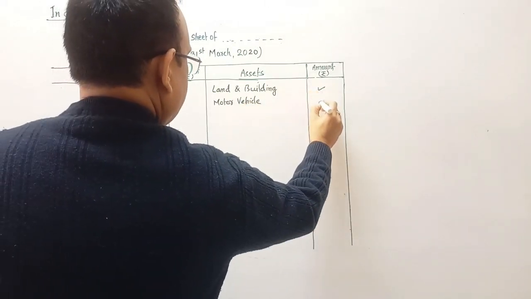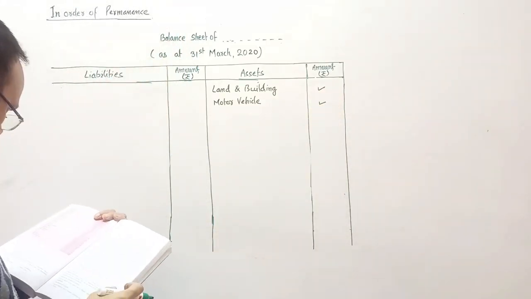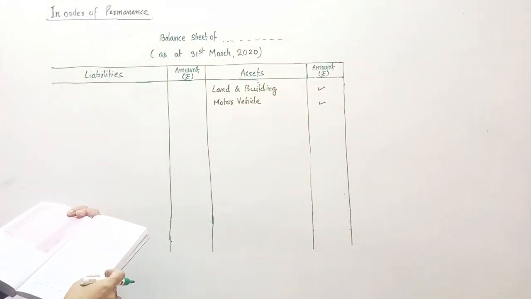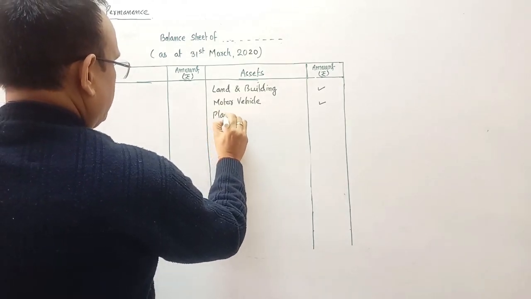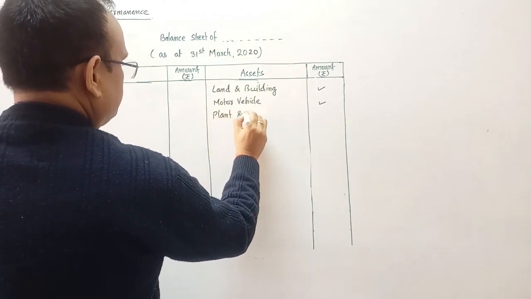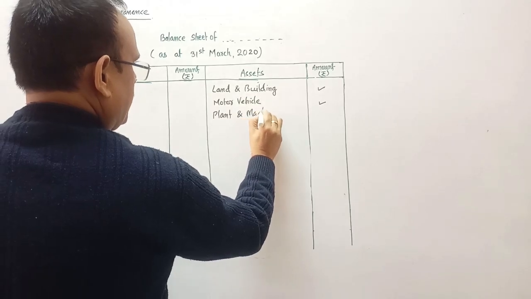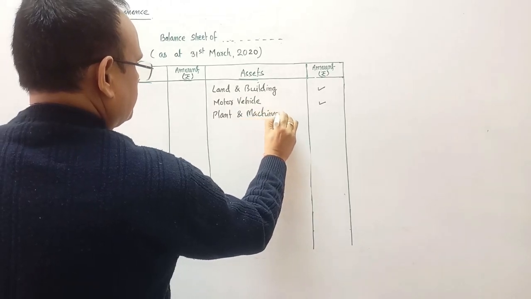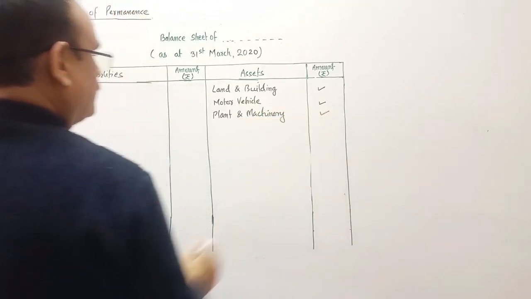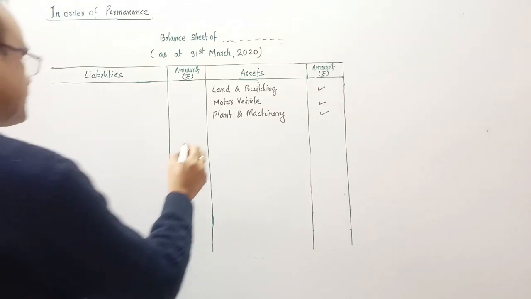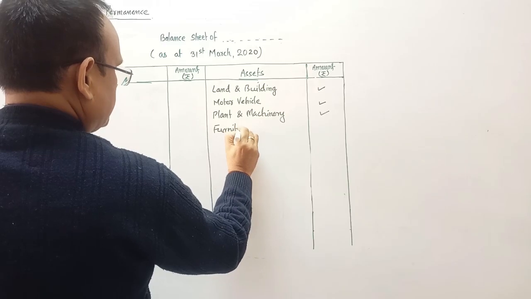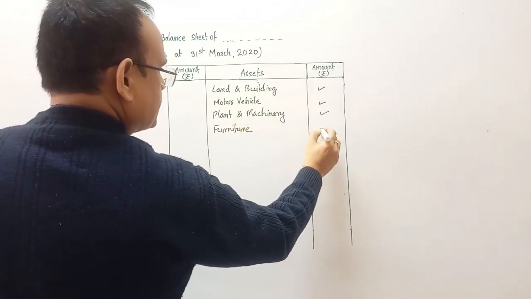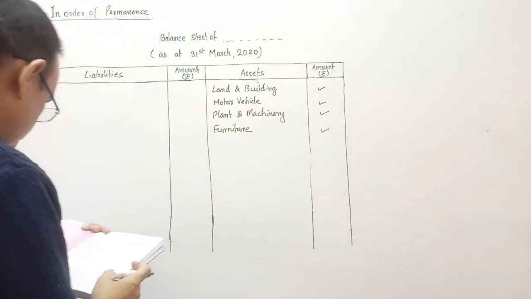So land and building, motor vehicle. Another long-term asset is plant and machinery. Plant and machinery, it's a fixed asset. Okay. Next fixed asset is your furniture. It's a non-current asset, it's a fixed asset.